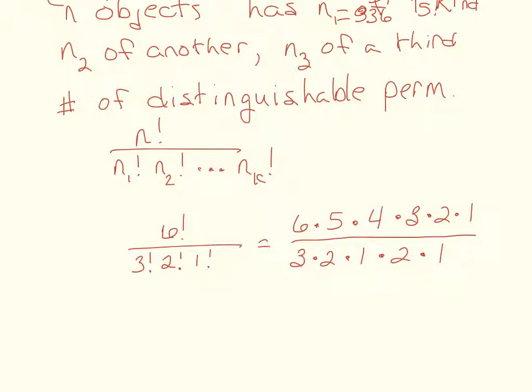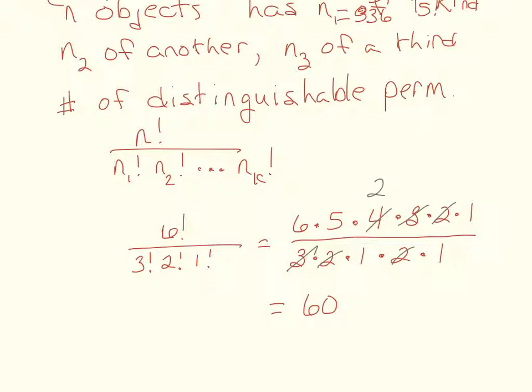We know that the 2's will cancel and the 3's will cancel, and 2 goes into 4 2 times. So if we multiply what's left, we get 6 times 5 times 2 over 1, or 10 times 6, which is 60. There are 60 distinguishable permutations.